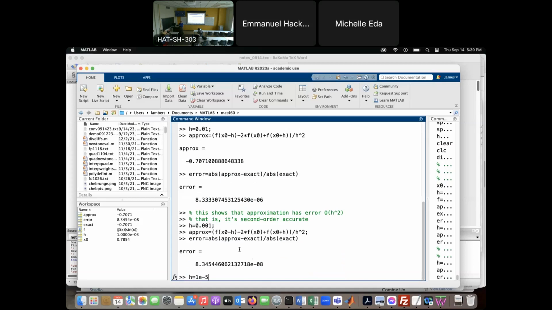Yes, a new value of h, and you have to compute the approximation again, and then you compute the error again.